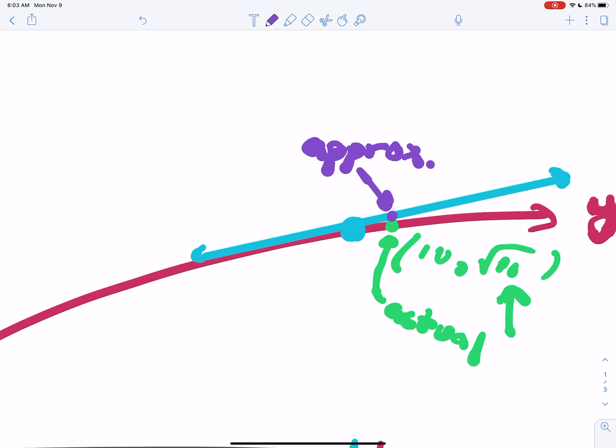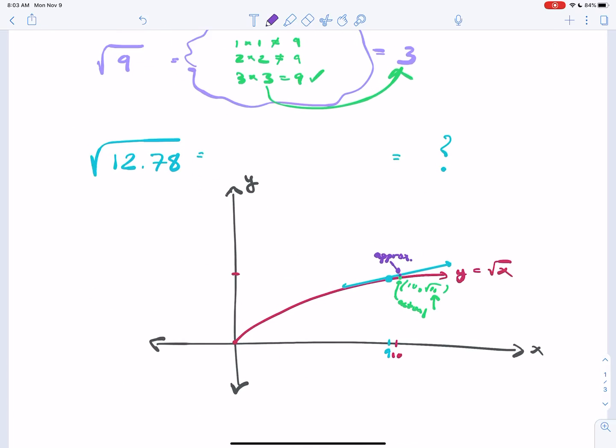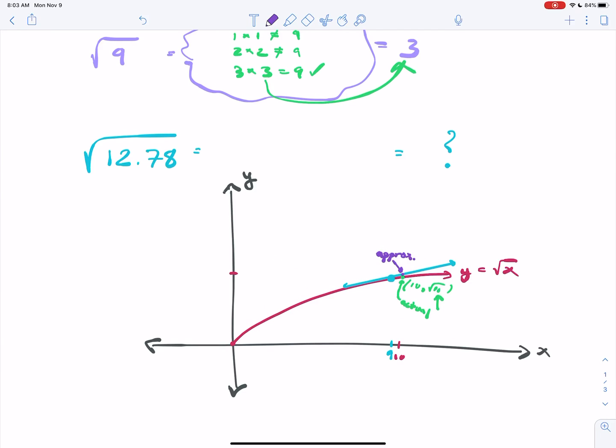So here's what actually happens on the calculator, okay? We're going to find the equation of that tangent line, which you guys are very familiar with, and then use that tangent line to approximate what the actual value is. And then we'll see how close we are, okay?